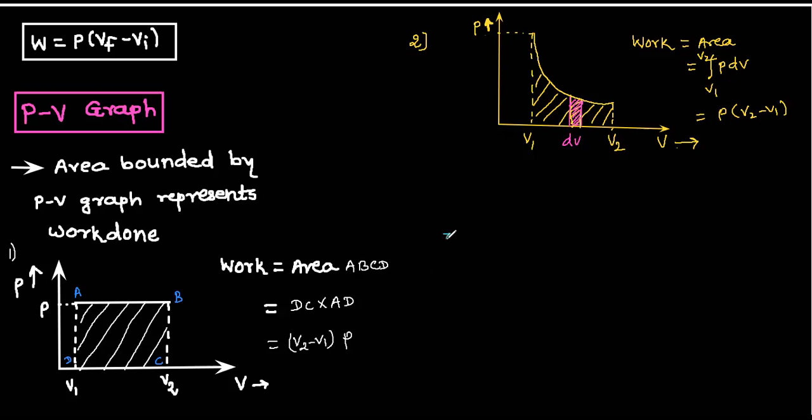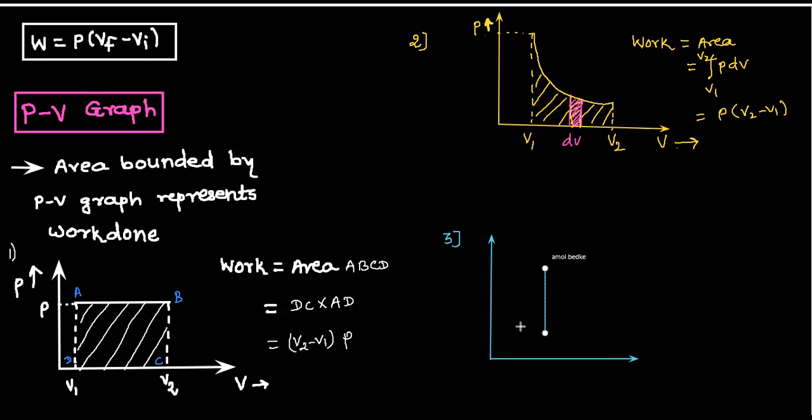If in the question they give a graph like this, next graph you see, something like this. The graph is just a straight line like this.